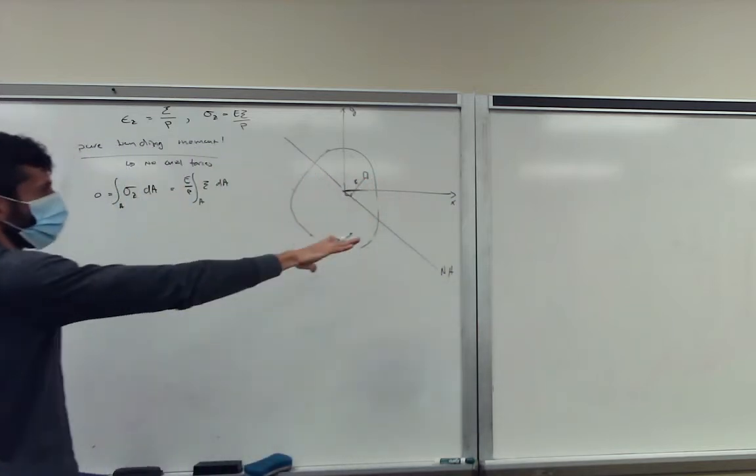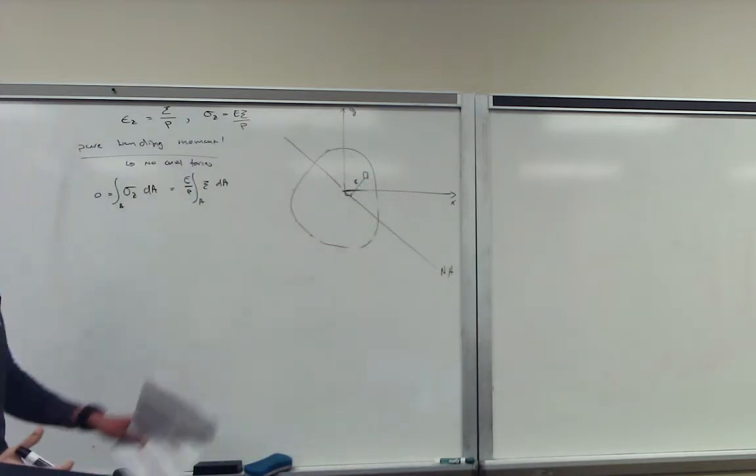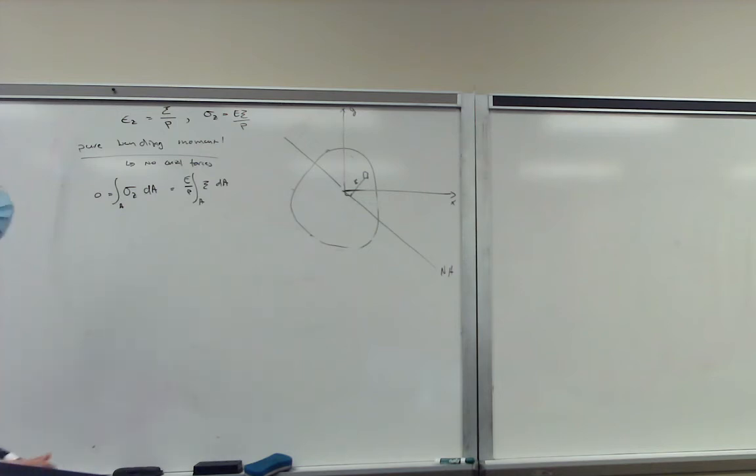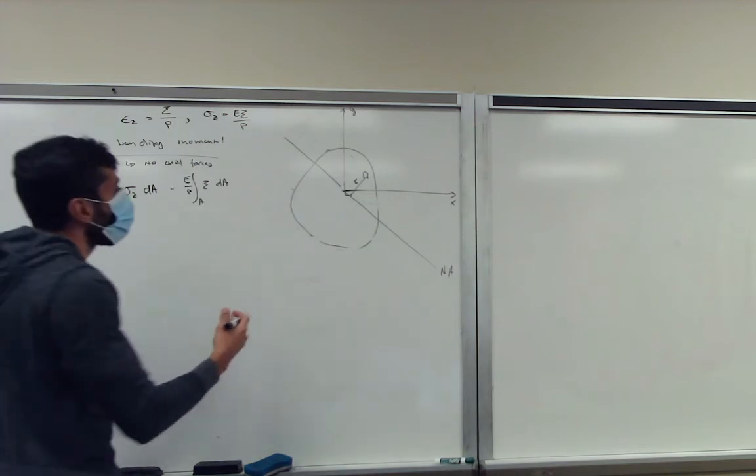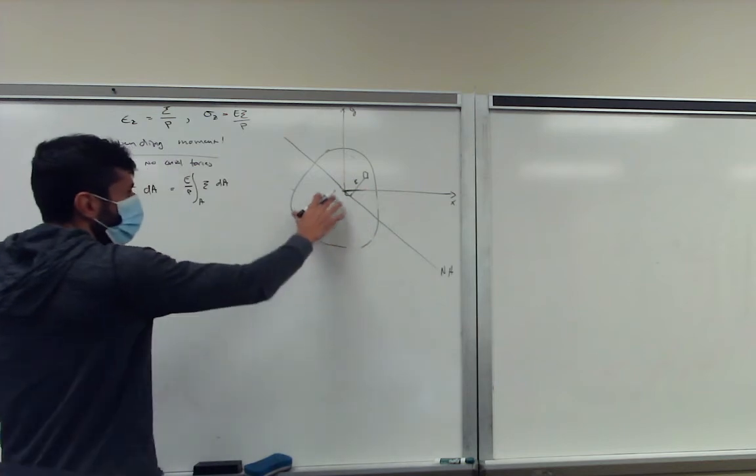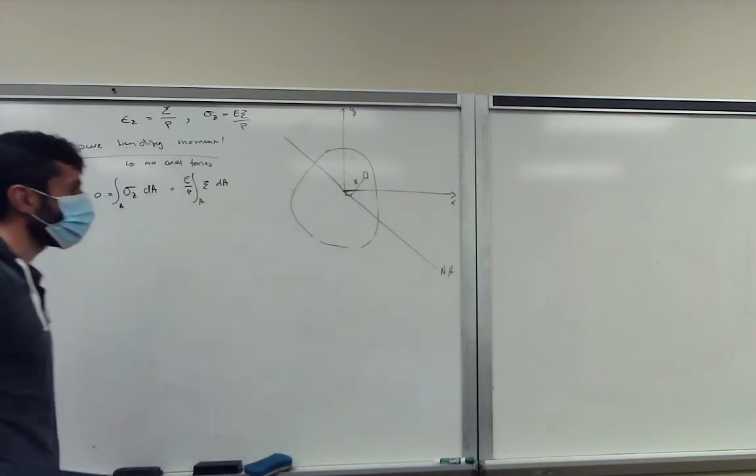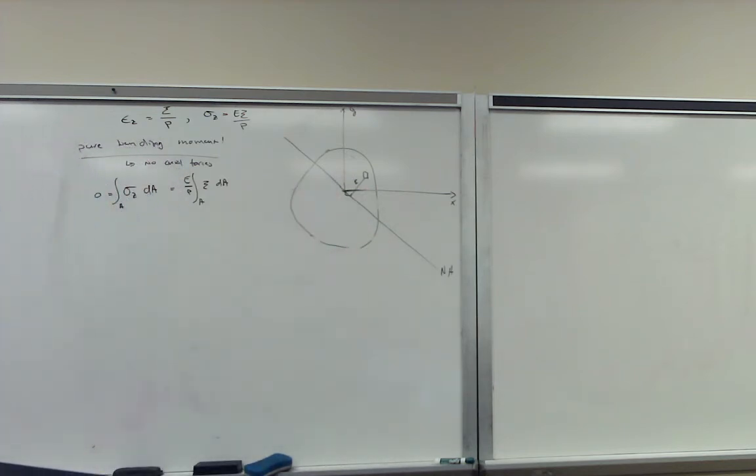The reason why it's drawn slightly different is that otherwise it would be simplified, and we want to have the most generic case. So this is psi, and it basically goes to our centroidal axis. It doesn't have to be on the same plane, but it goes through it.